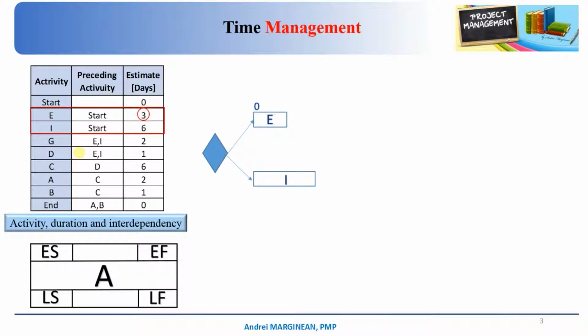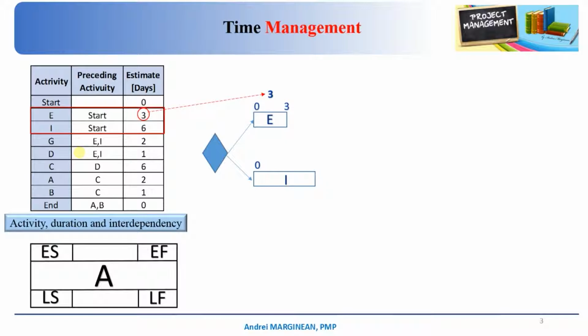We now look at the estimated time for this activity. If you take a look in the table, you will see that the estimated time is 3, so we will write 3 here. This means we need 3 days to finish this activity. So if we add 3 to 0, we get 3, which means that after the end of day 3 the activity should be finished.